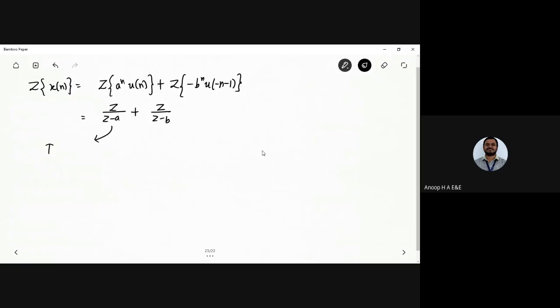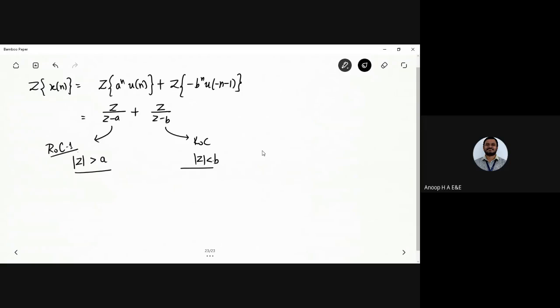So I have two ROCs here. ROC 1: mod Z would be greater than a. And for the second, I have ROC 2: mod Z less than b.